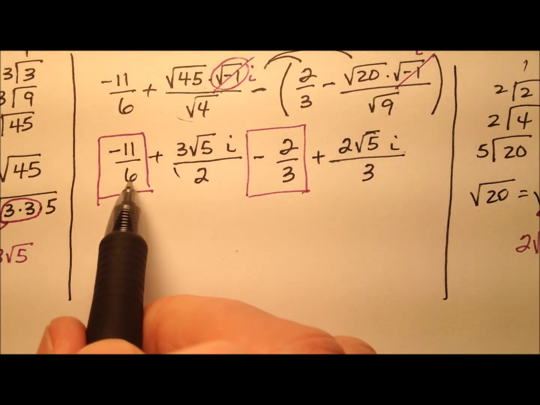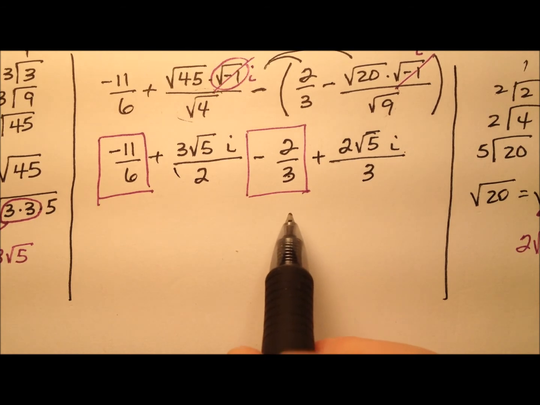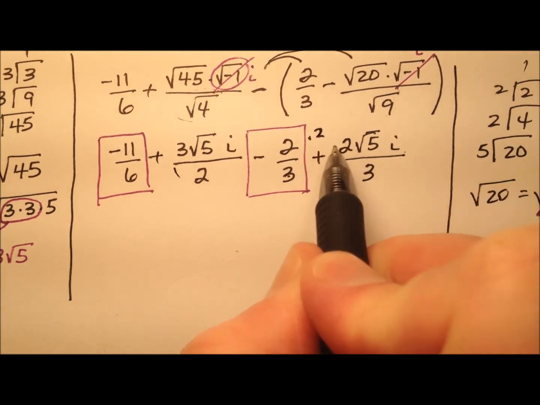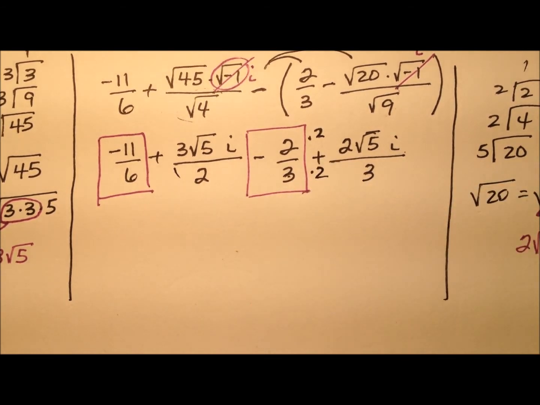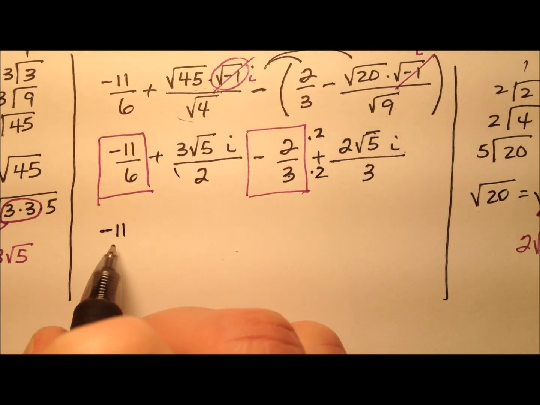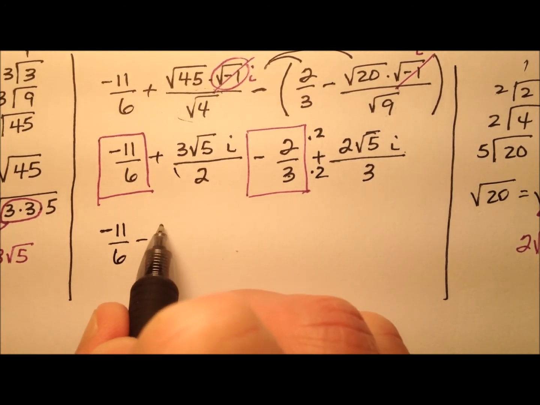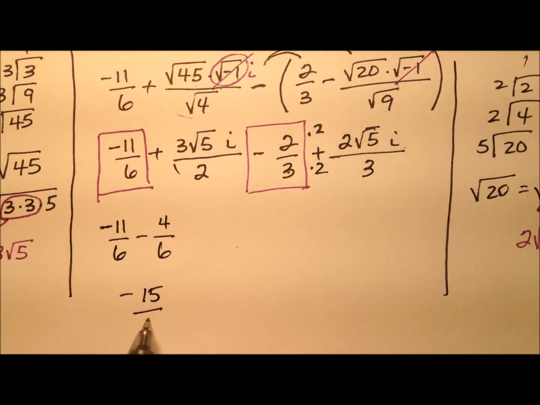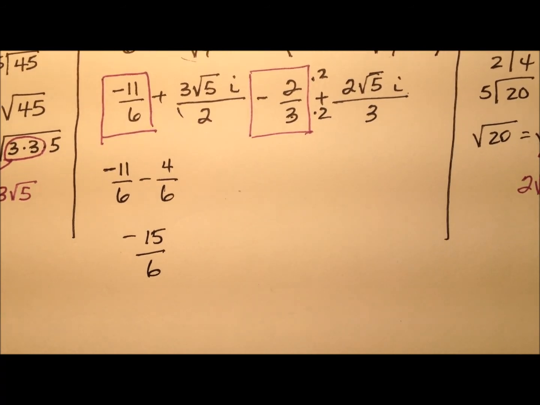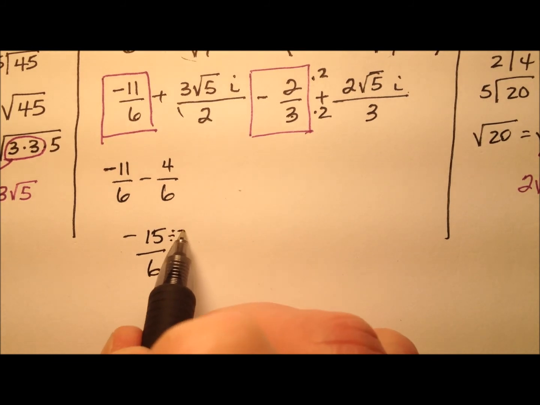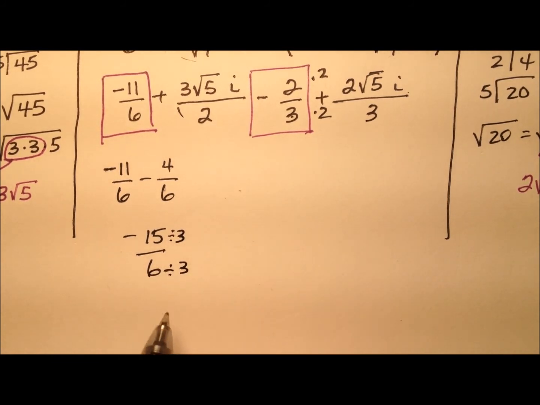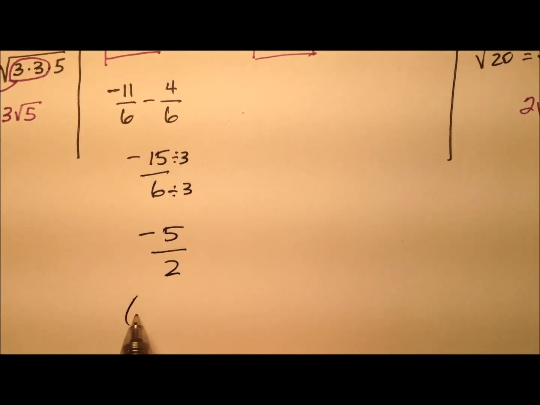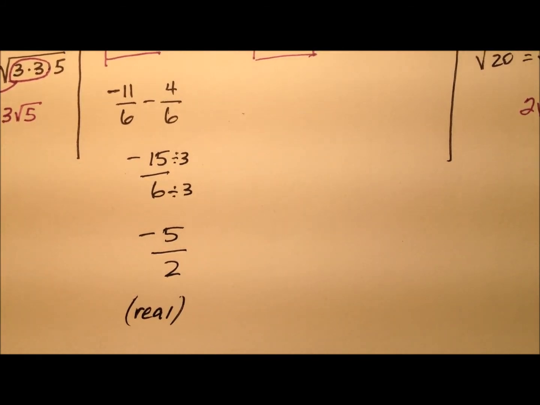Between 6 and 3 I can get a denominator of 6, so let's multiply by 2 on top and bottom. So that'll be negative 11/6 minus 4/6, which will be negative 15/6, which we can reduce nicely by dividing a 3 out of the top and bottom, and that'll give us negative 5/2. And that right there is going to be the real part.